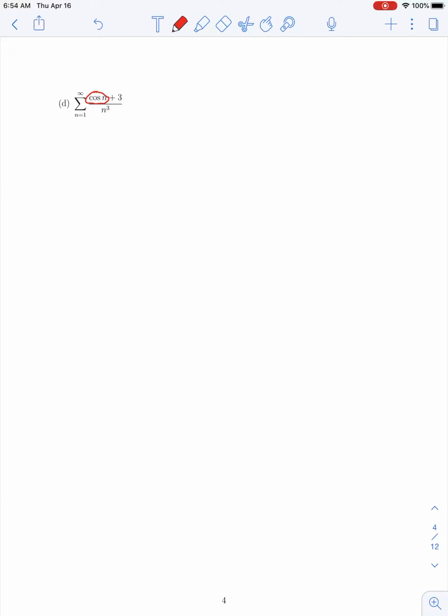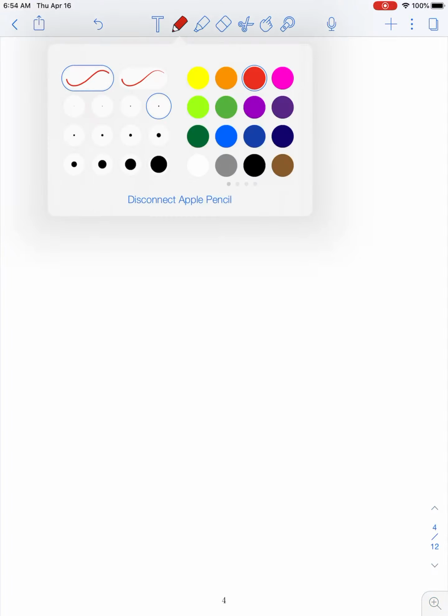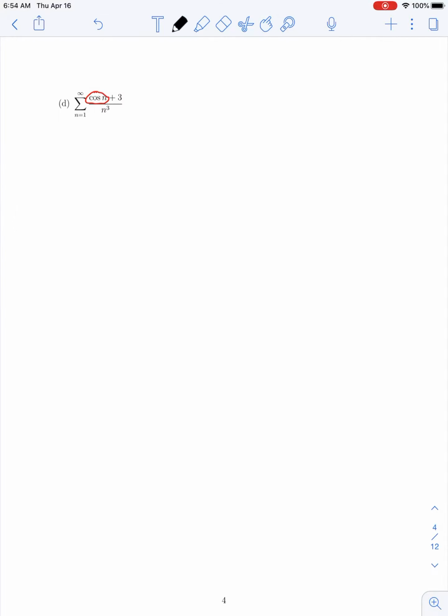So if I want to use the direct comparison test, I want to show that this series is smaller than something related to a p series of the form a constant over n cubed. So to make this expression even larger, I could think about the maximum value that cosine of n could take.